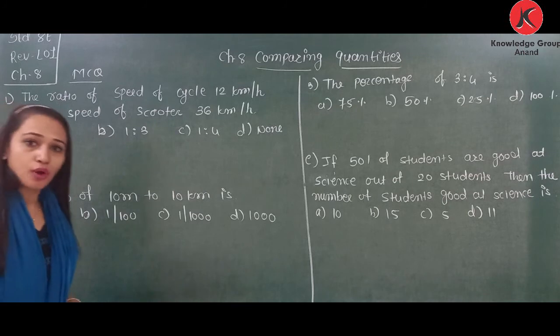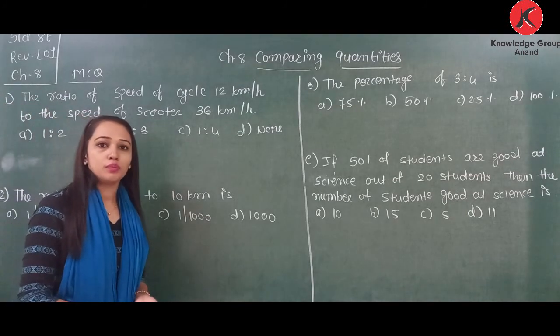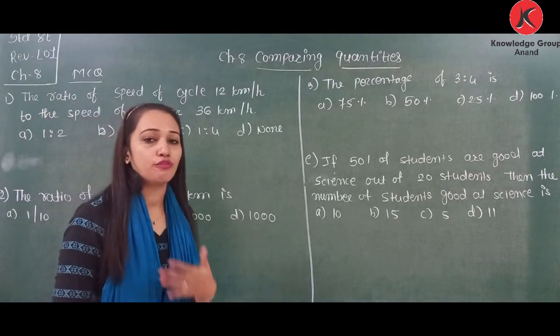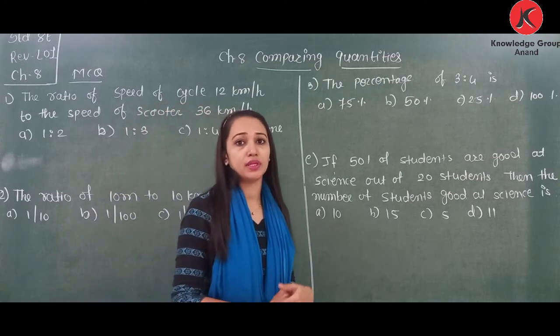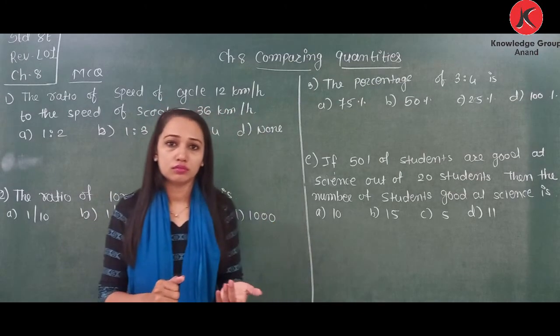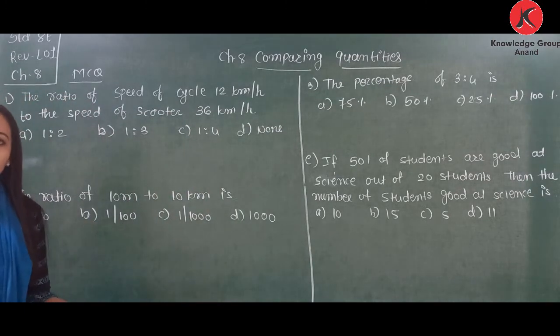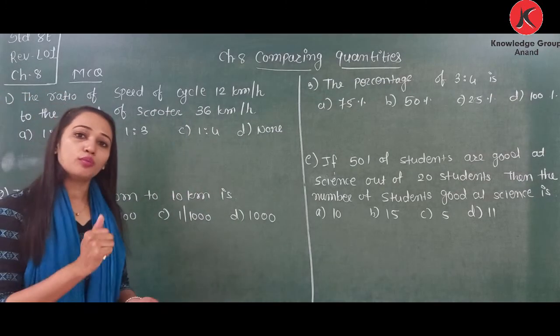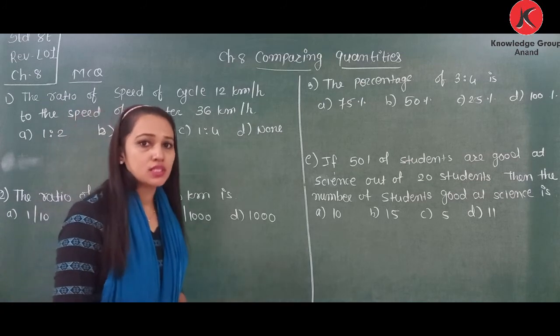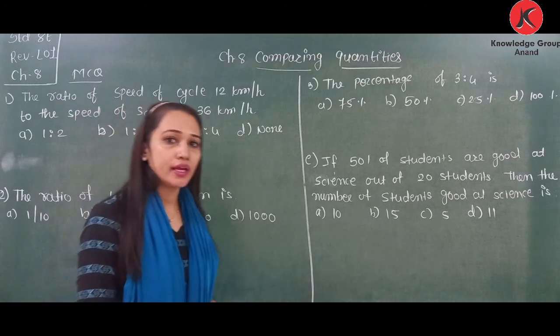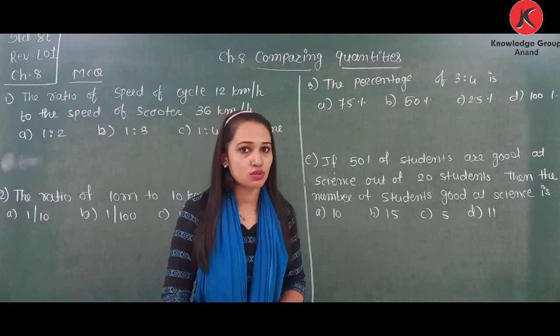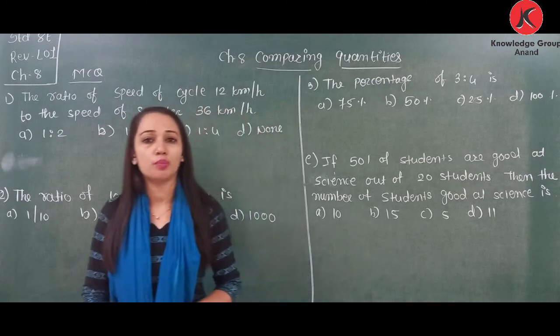Then we learn about profit and loss. Profit means, for example, if we buy one article for 100 rupees and sell it for 110 rupees, you get 10 rupees extra. That 10 rupees becomes your profit.